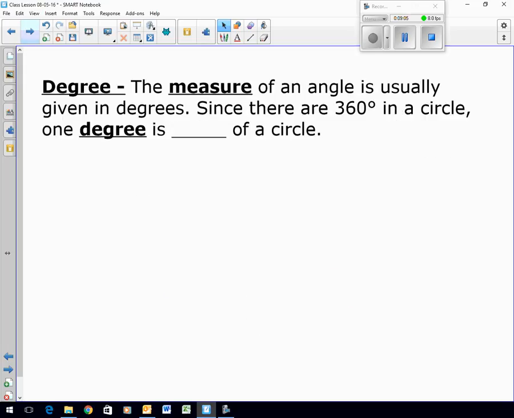Degrees. Okay? Angles are measured in degrees. Let me give you a quick recap of angle. We defined angle, and we said that when a line segment or ray intersects with another line segment or ray, the point of intersection is called a vertex, and an angle is formed.